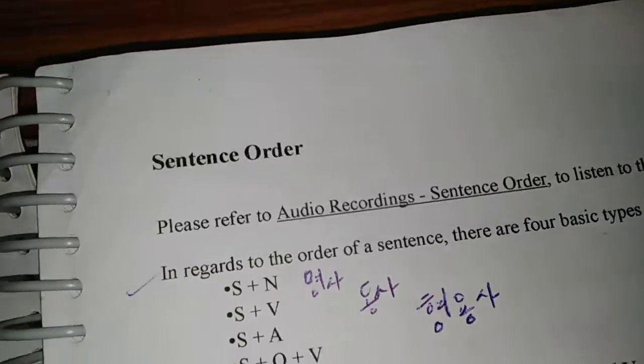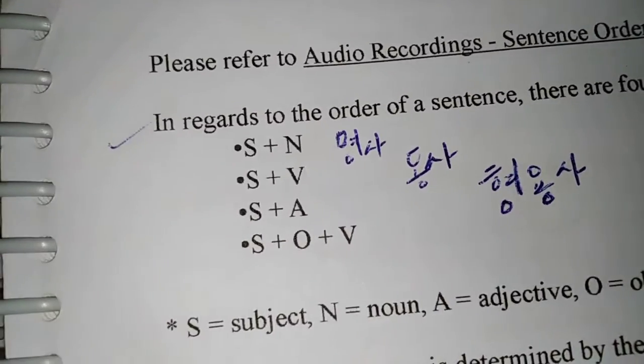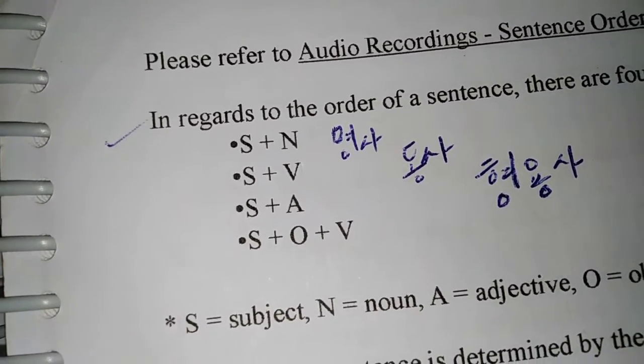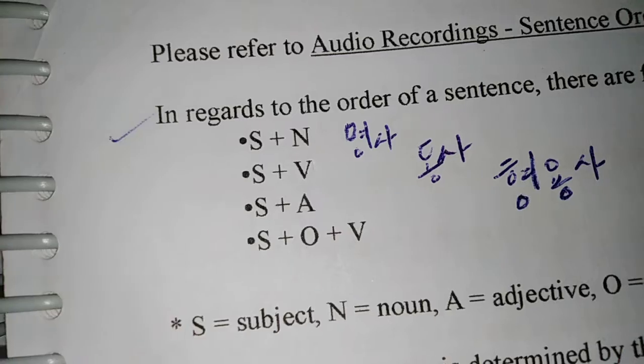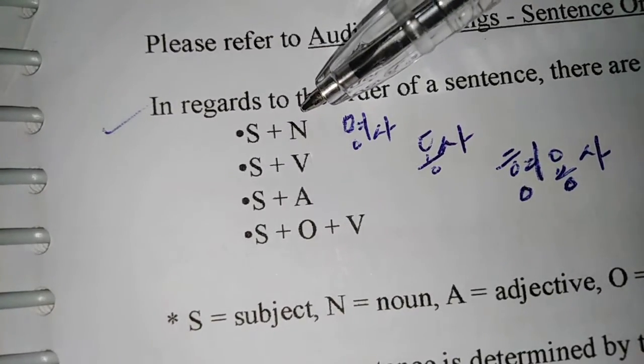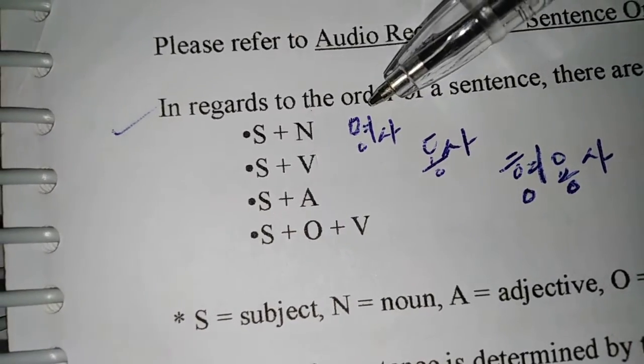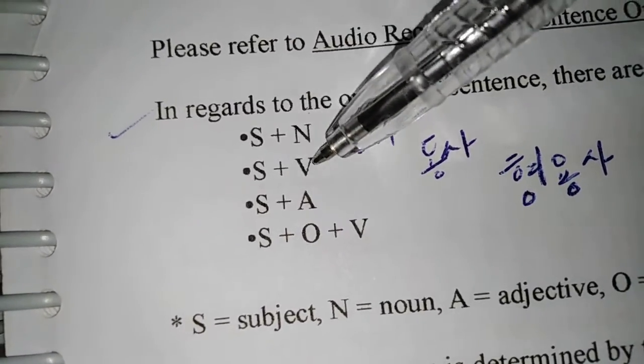So first, we'll look at the different types of sentence orders that are usually used in Korean. So we have four types here, that is subject plus noun. Noun is also called 명사, that's what I have written here. Then subject plus verb.